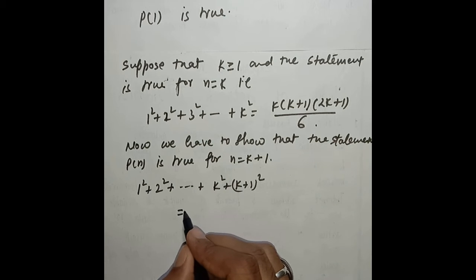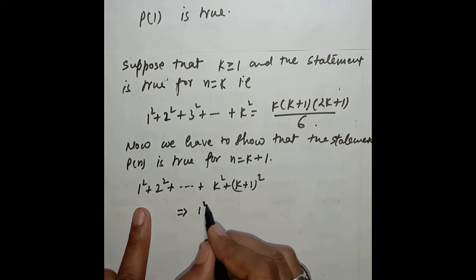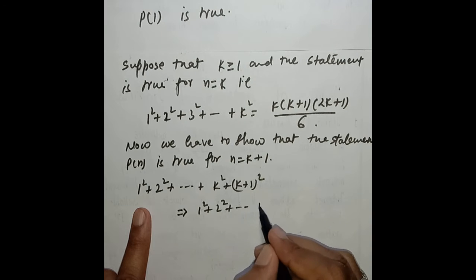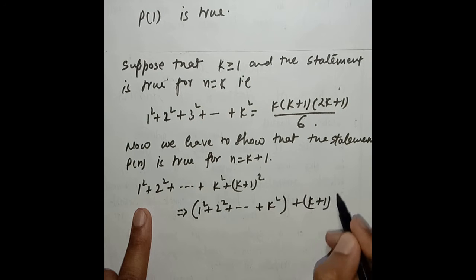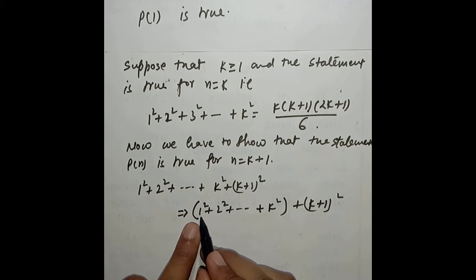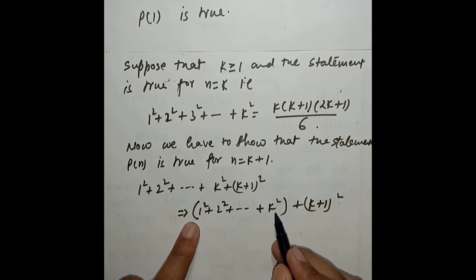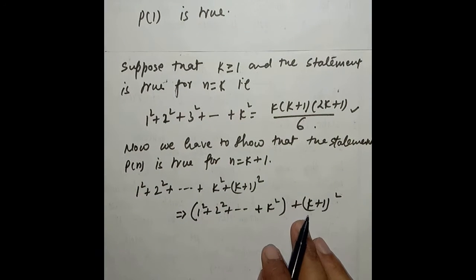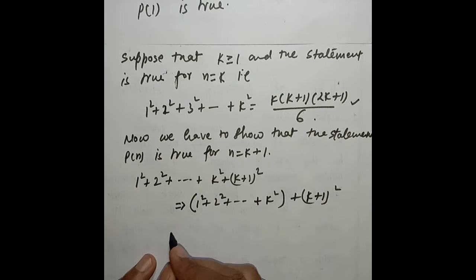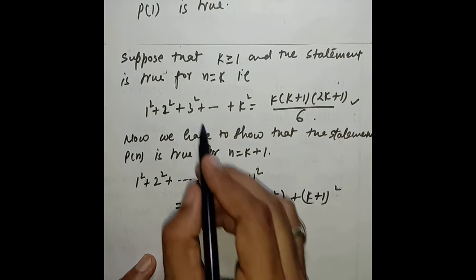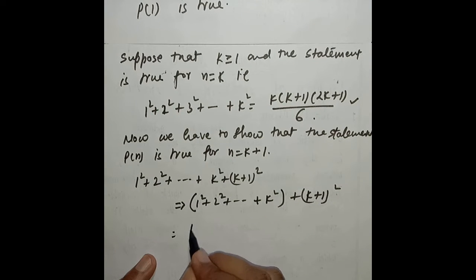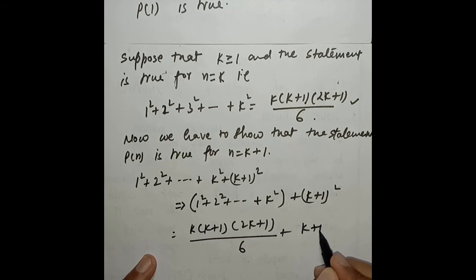This implies we can write 1 square plus 2 square plus ... plus k square in one bracket plus k plus 1 whole square, and we know that the sum of 1 square plus 2 square plus ... plus k square is given here. Now we can directly put, because the statement is true for n is equal to k, so we can use this. This is equal to k plus 1, 2k plus 1 over 6 plus k plus 1 whole square.